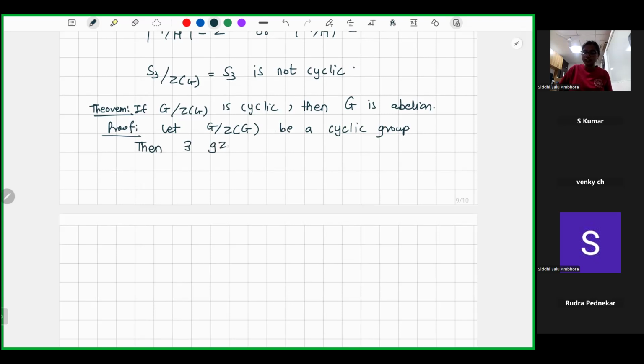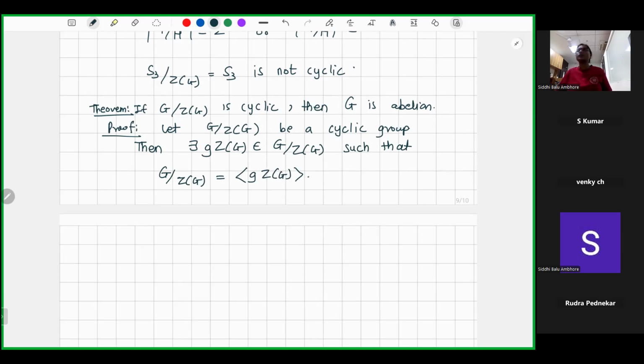there exists gZG. I know you understand what this means. This gZG is in the quotient. We are writing it to express an element from the quotient. You can also write it like this, but it doesn't really make any difference. So there exists gZG in G mod ZG such that G mod ZG is generated by this.